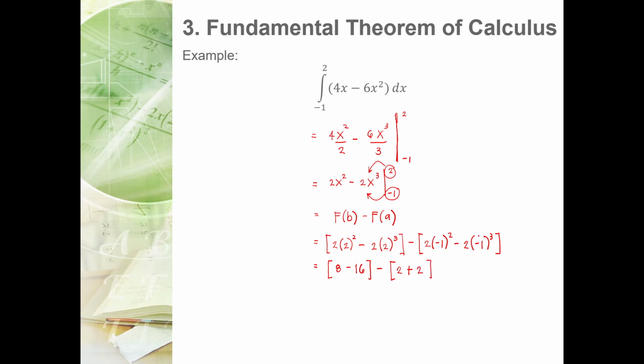Because negative 1 cubed is negative, and then negative times negative is positive. So you now have, this one is negative 8, then minus 4. Then the final answer is negative 12.